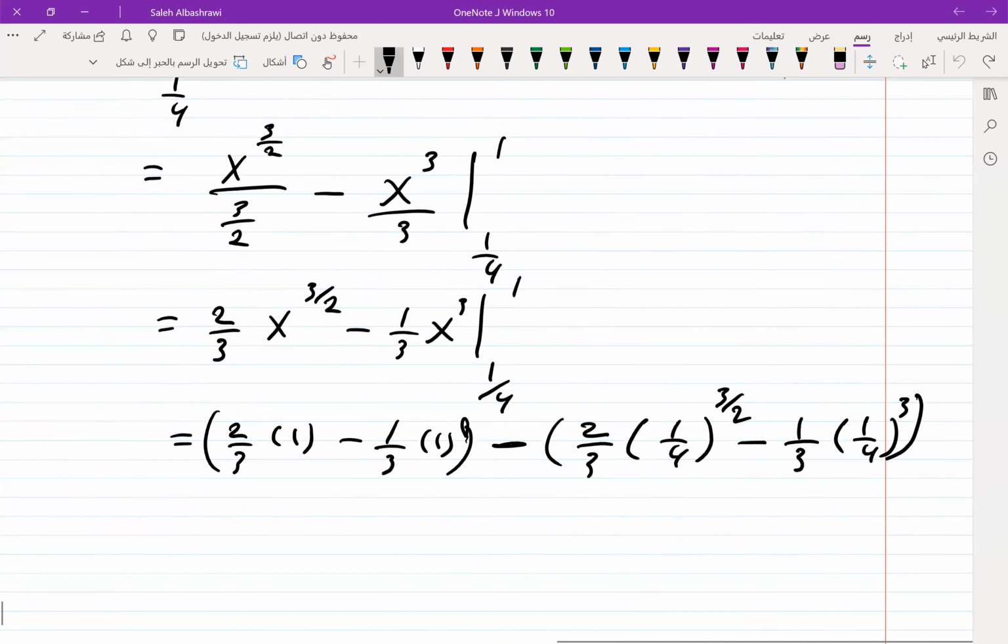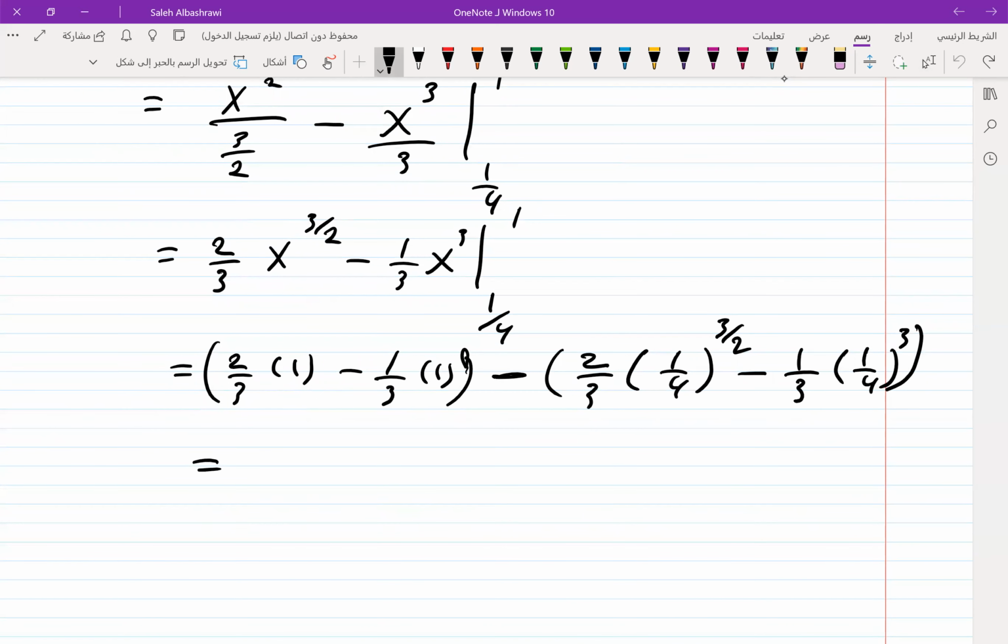You can use the calculator for this one. 2 over 3 minus 1 over 3, the first bracket will give me 1 over 3, minus. Second bracket is 2 over 3 multiplied by 1 over 8. This is the square root of 1 over 4, all to the power 3 is 1 over 8. Minus 1 over 3 multiplied by 1 over 64.